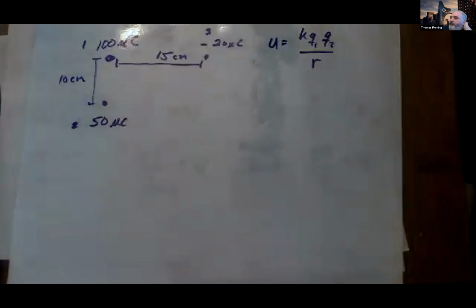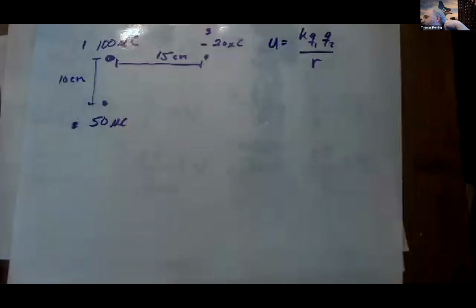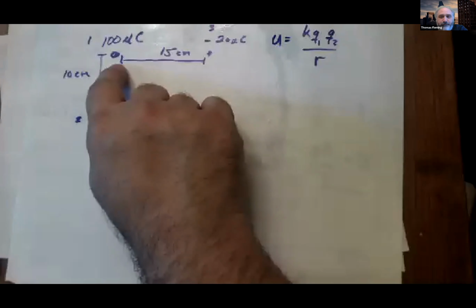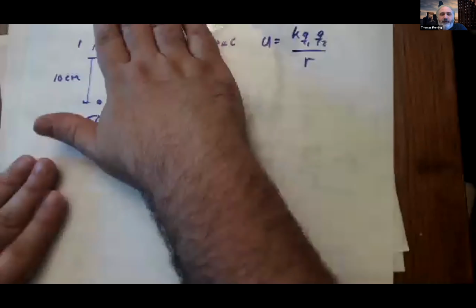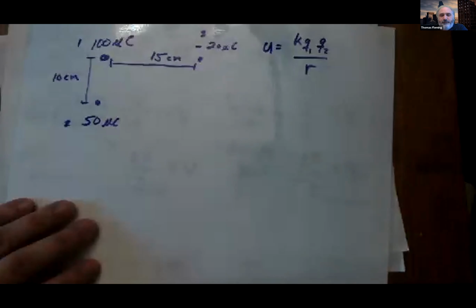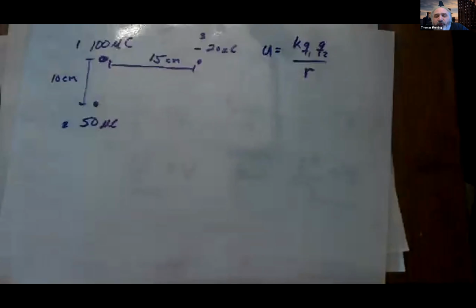Now, if I imagine having a blank slate, none of these are present at first, and then I go off to infinity and grab one of those charges, and take that charge and put it at its current location. If I do that with none of these here, and I go out and grab that 100 from way off, super far away, and put it here, the amount of work done by the electric field during that process was 0.